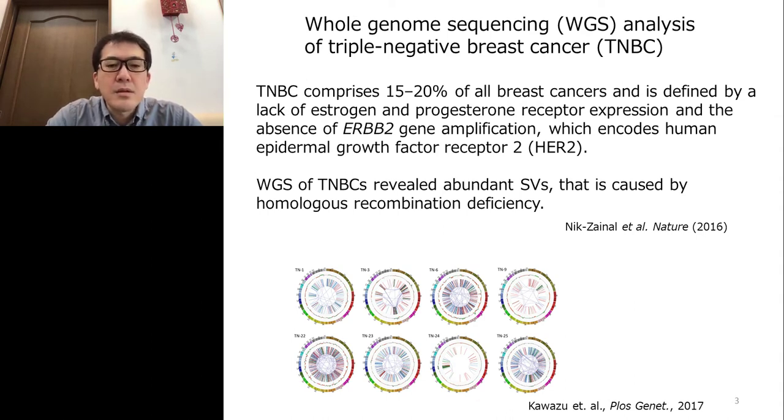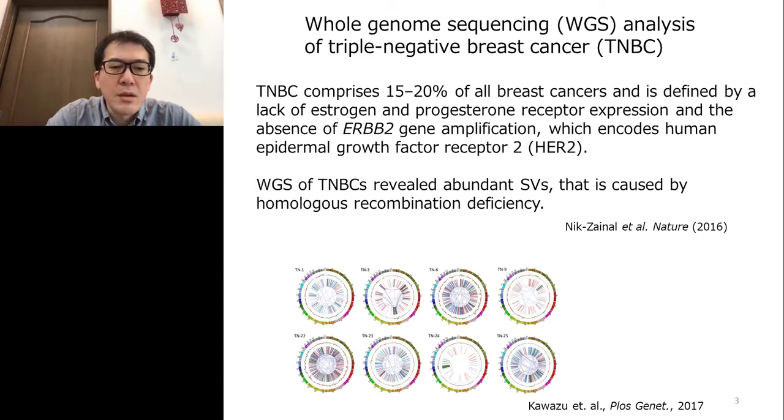TNBC comprises 15 to 20% of all breast cancer and is defined by a lack of estrogen and progesterone receptor expression and the absence of ERBB2 gene amplification, which encodes human epidermal growth factor receptor 2, HER2.